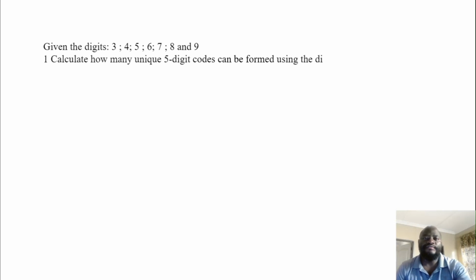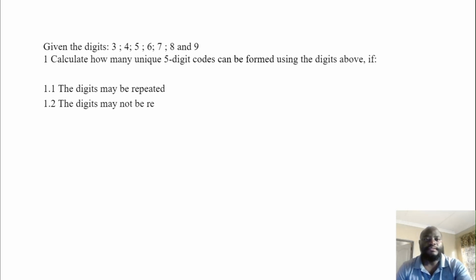So it says, given the digits 3, 4, 5, 6, 7, 8, and 9, calculate how many unique 5-digit codes can be formed using the above digits if, number 1, the digits may be repeated, then number 2, the digits may not be repeated.